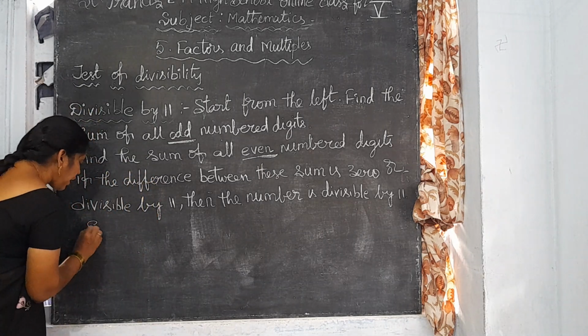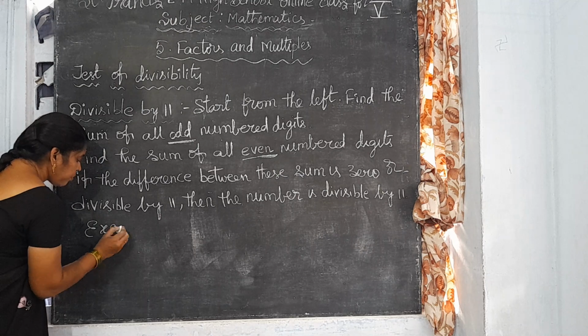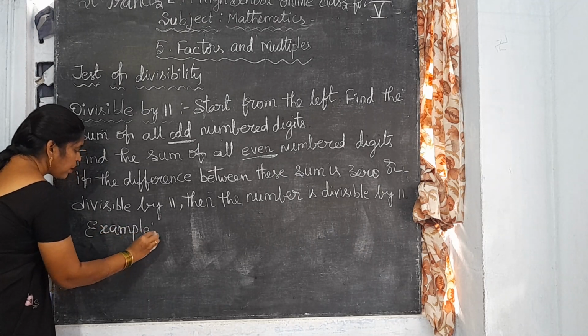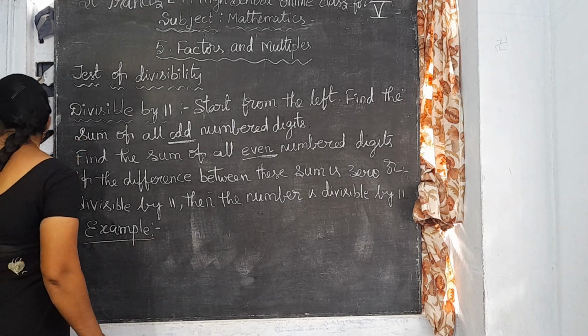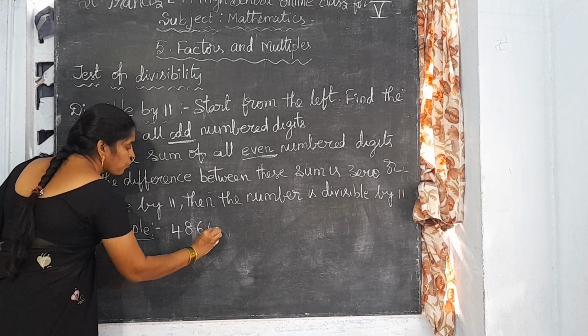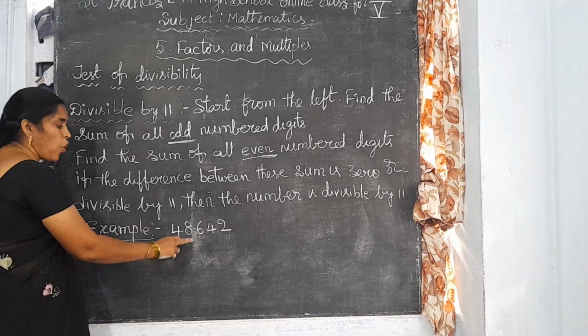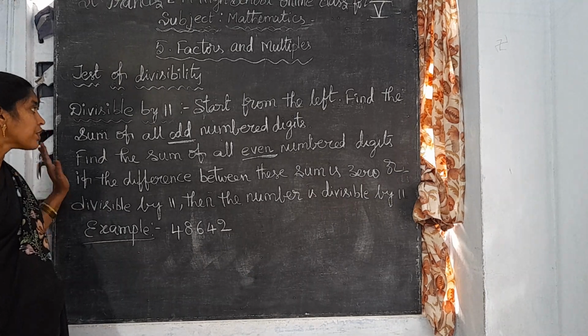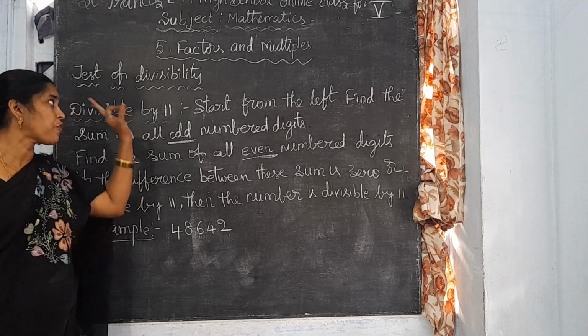This is very important. I am taking the number 48,642. Where should you start? Start from the left.